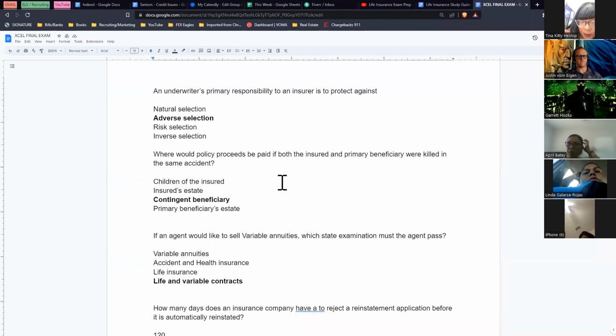Justin, would you have to list a contingent beneficiary for that? No, you don't. If there's no contingent, I think it just goes to the estate. You don't have to list a contingent. It's super rare though.